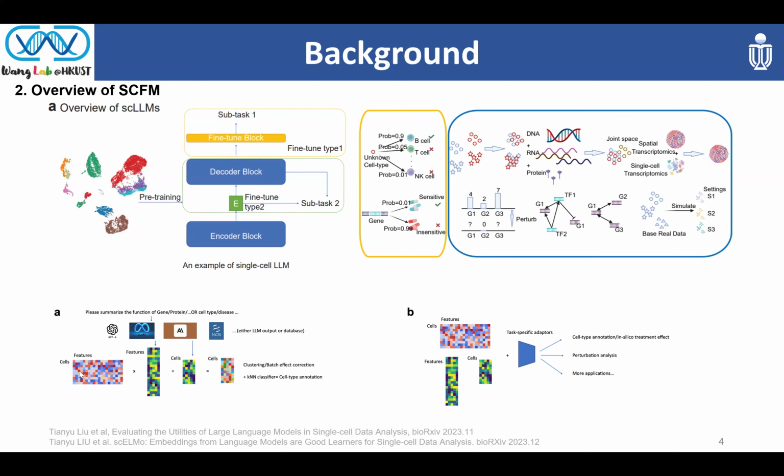We use the single-cell transcriptome combined with this embedding to get the final embedding, and we add some task-specific adapters, such as MLP or logistic regression. We use that to do different downstream tasks. So for this kind of prompt learning, we don't need to pre-train or fine-tune. We just design some prompt to make this foundation model adapt to our specific task.